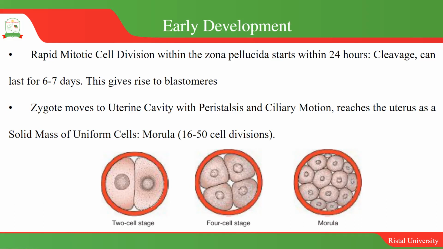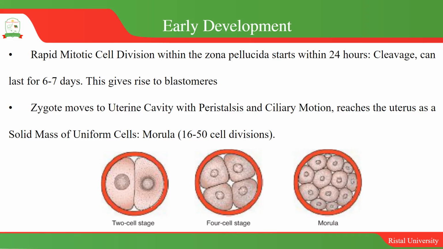So these divisions give us what we call the blastomeres. Okay, and these divisions happen as the zygote is being moved to the uterus for implantation. That movement is by 2 processes: the peristaltic movement of the fallopian tubes and the ciliary motion.